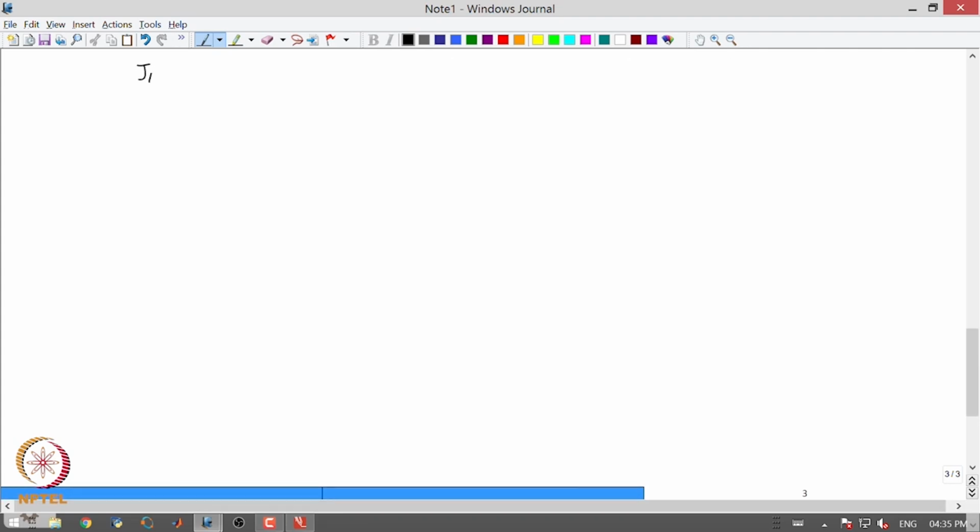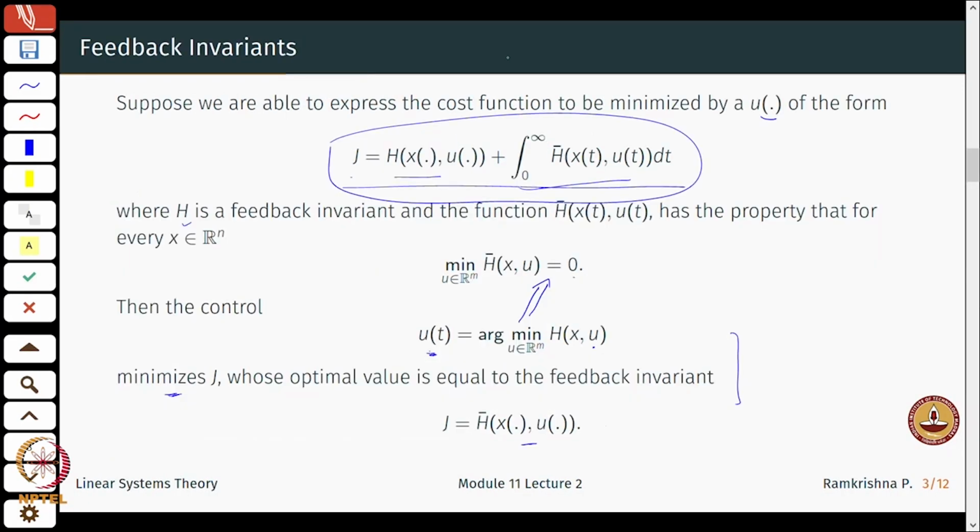So I have J_LQR is integral 0 to infinity, and this is already given, right: x transpose Qx plus u transpose Ru plus twice x transpose Nu, dt. Now, the first step would be to check if I can write J as something like this, where h is a feedback invariant and something inside the integral which eventually goes to 0, and the u that makes it 0 will be my optimal u. So we will start from that.